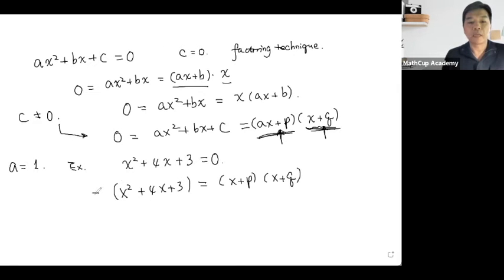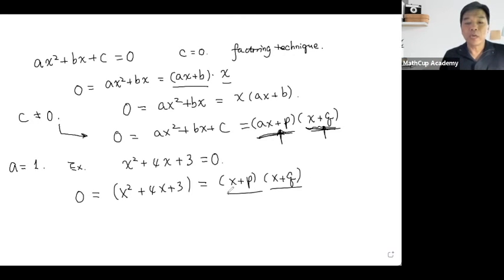If this factoring is possible, then the solutions are x plus p equals 0 and x plus q equals 0. But assuming this works, we're going to back out the properties of p and q, to see if we can just eyeball them easily.